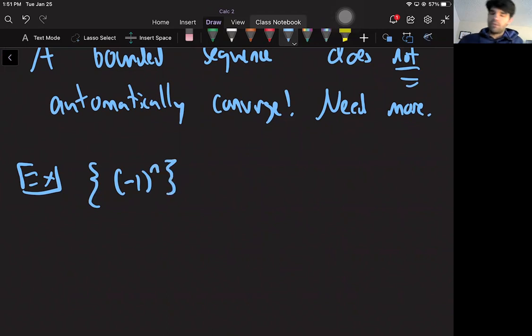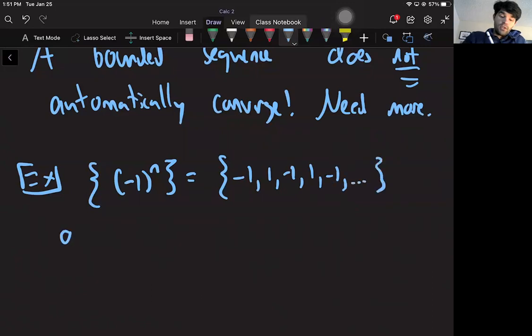We've already done this one in the last video, and we said why it diverges just by looking at it, because it bounces back and forth between -1 and 1 forever.